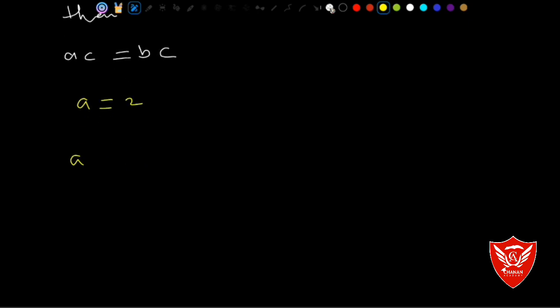This simply means that A multiplied by 3 is the same thing as 2 multiplied by 3. A is 2, so this is going to give us 6, and this is equal to 6. So it's the same thing. The property is true.